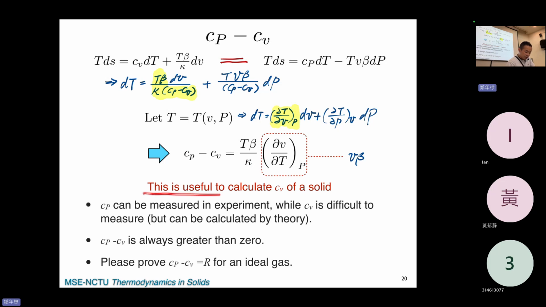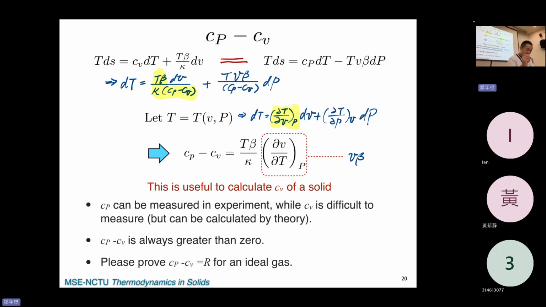Okay, so this is useful to calculate CV of a solid, because CP is easily measured and CV is relatively difficult. It's really difficult to control volume, right? You easily control pressure, that's okay, but it's difficult to control volume to change the heat. So you can use this relationship by obtaining CP experimentally and determining CV theoretically.